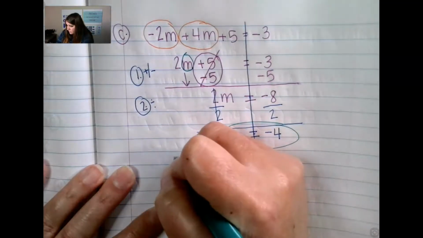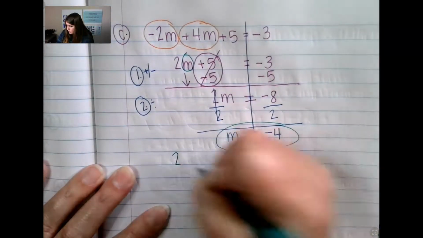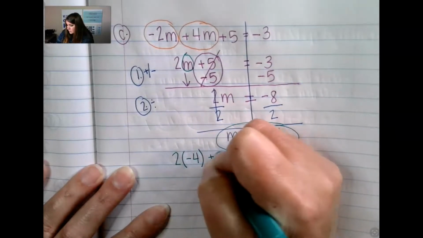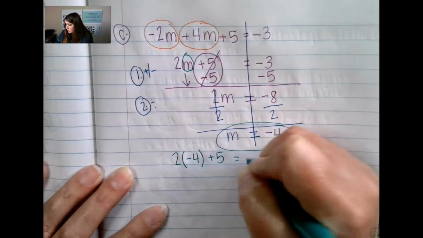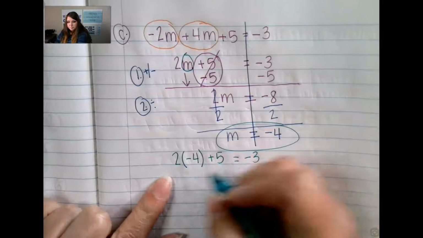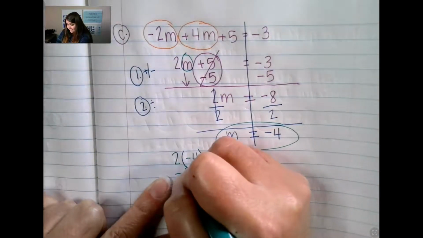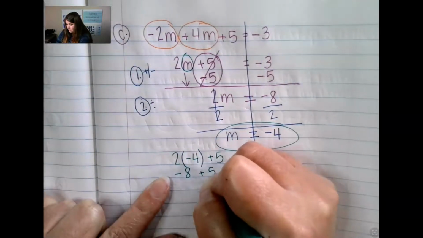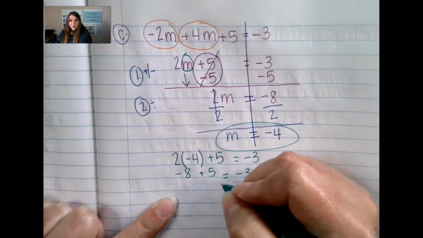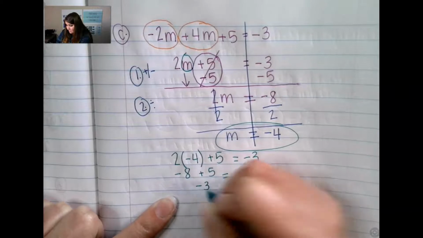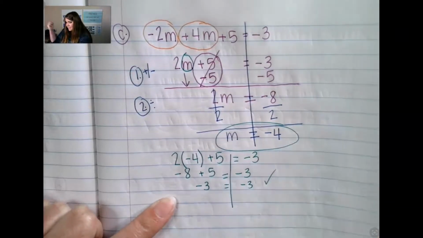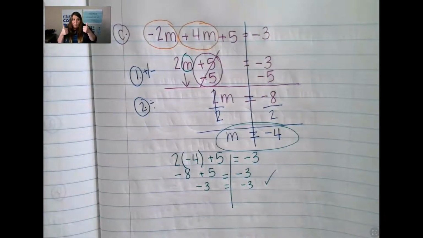So now my problem says 2 times negative 4 plus 5 equals negative 3. 2 times negative 4 is negative 8 plus 5. Oh my gosh, you guys, we did it right. Negative 8 plus 5 is negative 3, and negative 3 is equal to negative 3. It checks out. Woohoo! We did it!